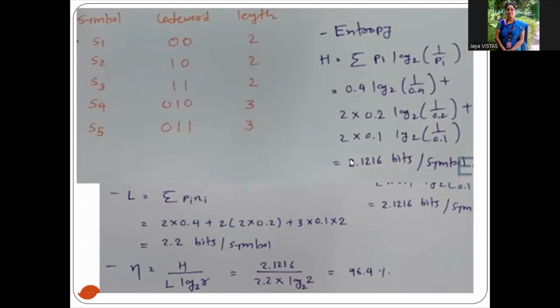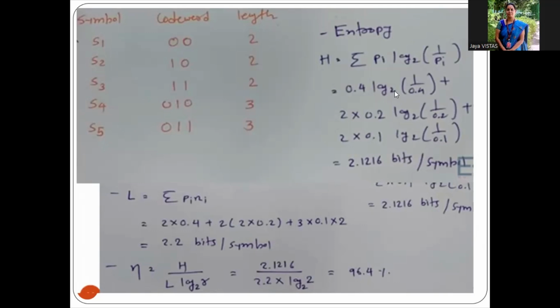Here the log 1 by 0.4 to the base 2 is not available on the calculator, so we convert log to the base 2 into log to the base 10, and then we can easily calculate.